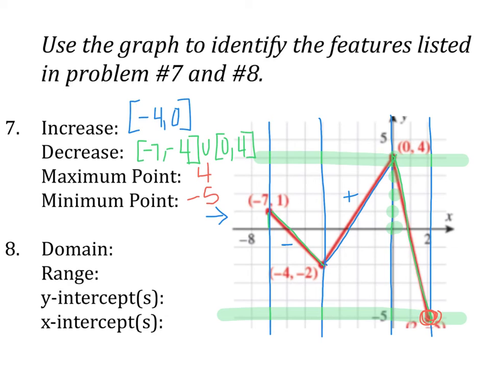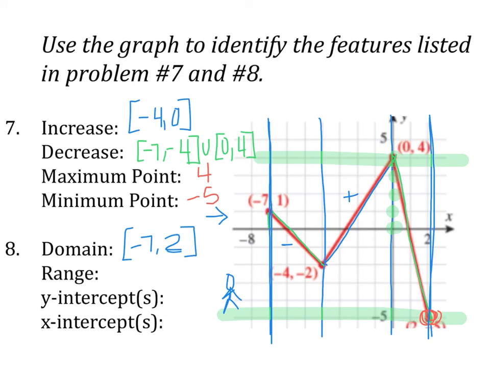All right, and then we can look at domain and range. So then for the domain, again, with the little person walking across, you kind of have already identified this by looking at the very first interval and the line for the very last interval. That's going to help you figure out the start of the domain and the end of the domain. And again, looking at the x values, so -7, you can see -7 on the x-axis. All the way to the right, you get to positive 2. Closed brackets.